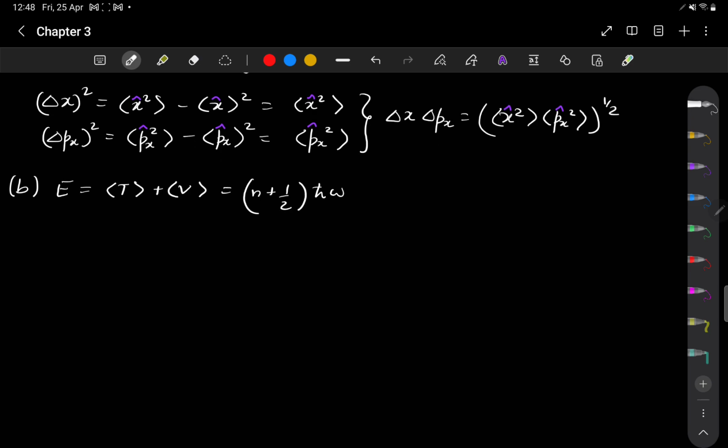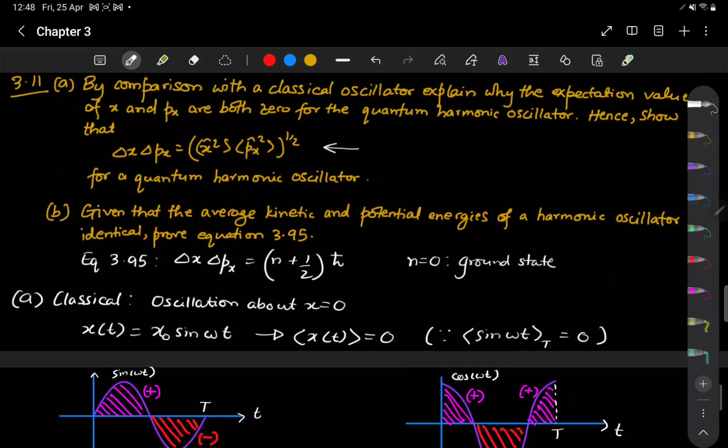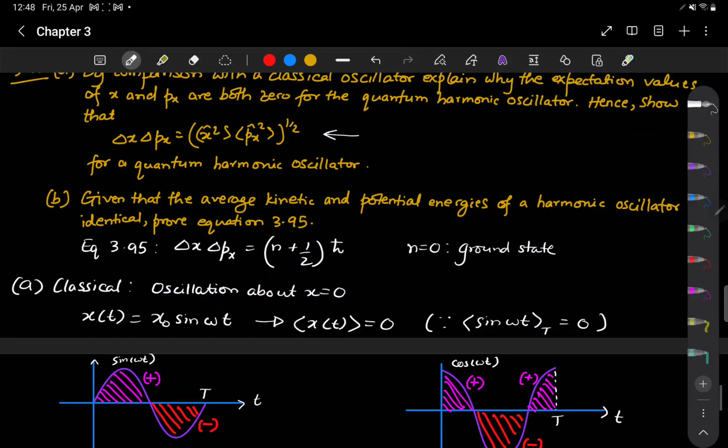Now the kinetic and potential energies, we are given that they are identical.